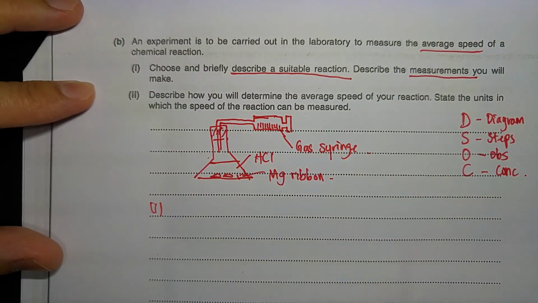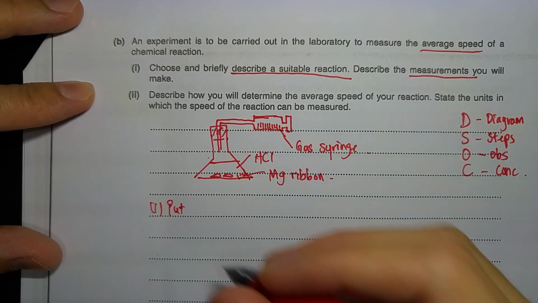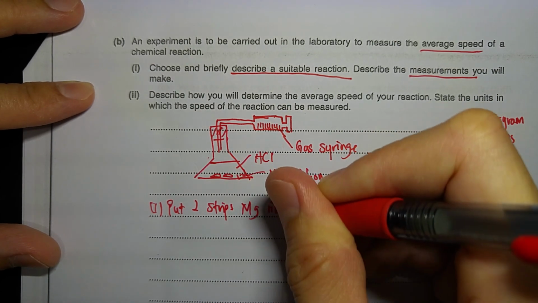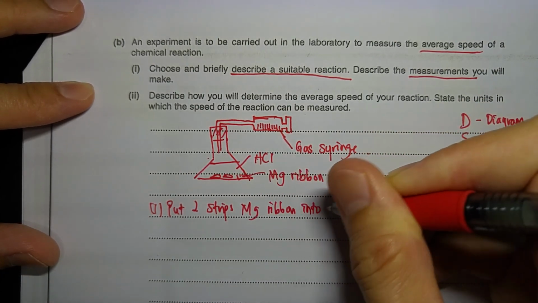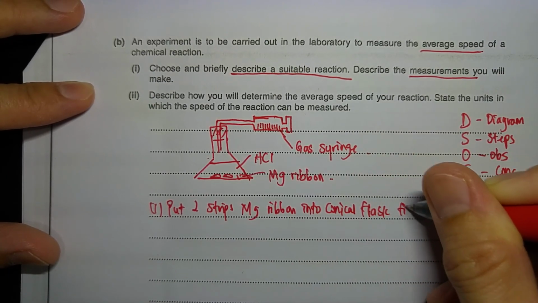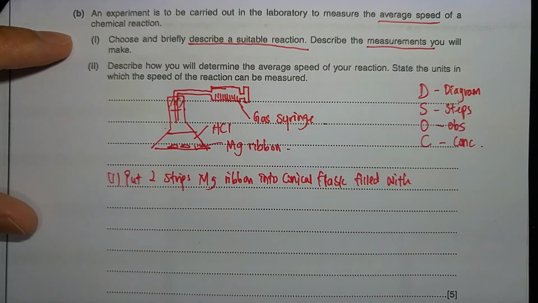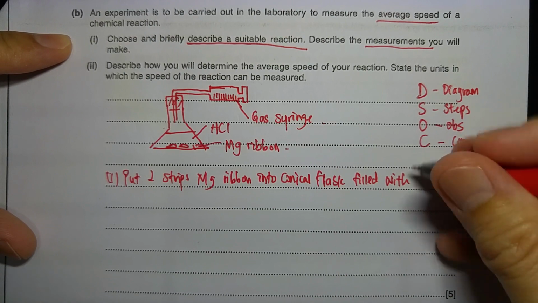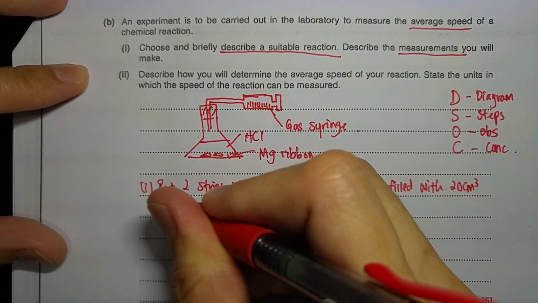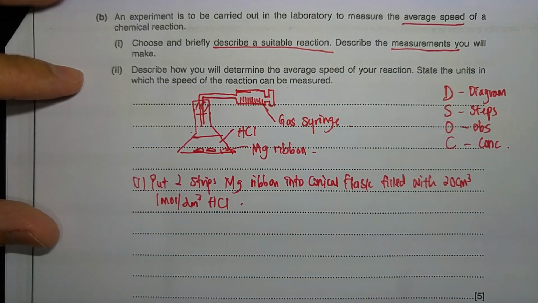What is the first step? Put how much magnesium ribbon? Maybe 2 strips. 2 strips Mg ribbon into conical flask filled with, I'm just going to write a lot of short form, maybe 20 cm cube, 1 mole per dm cube HCl. 1 mole per dm cube is the concentration.